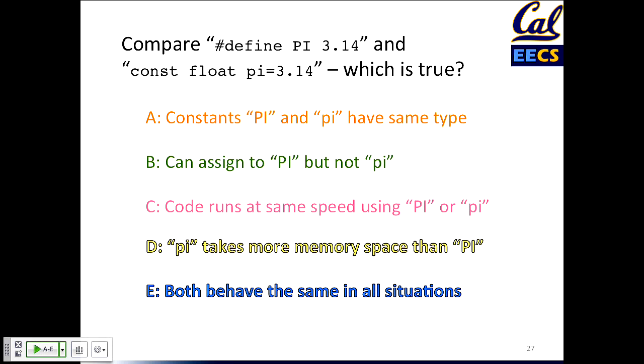When PI is expanded out to the string 3.14, it really depends what's around it, how that's interpreted, whether it's a double, or other strange things can happen to innocent digits hanging out by themselves in a C program. So it doesn't behave the same as the lowercase pi, which is a variable. The compiler knows that's a variable that has a constant value. So they're not going to behave the same in all situations. I've already given some examples of that.